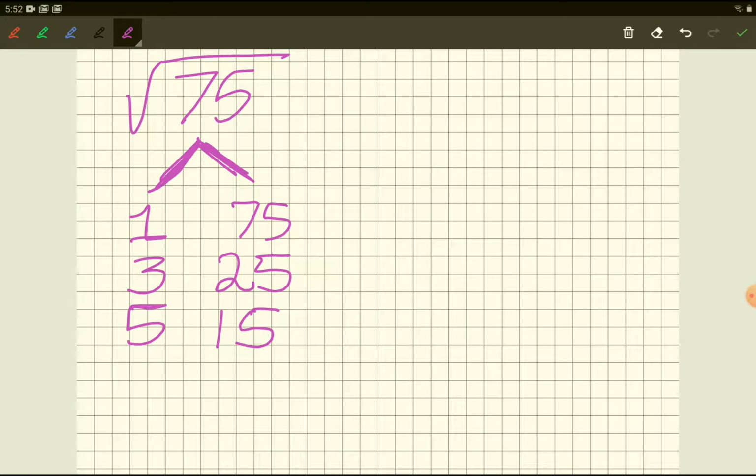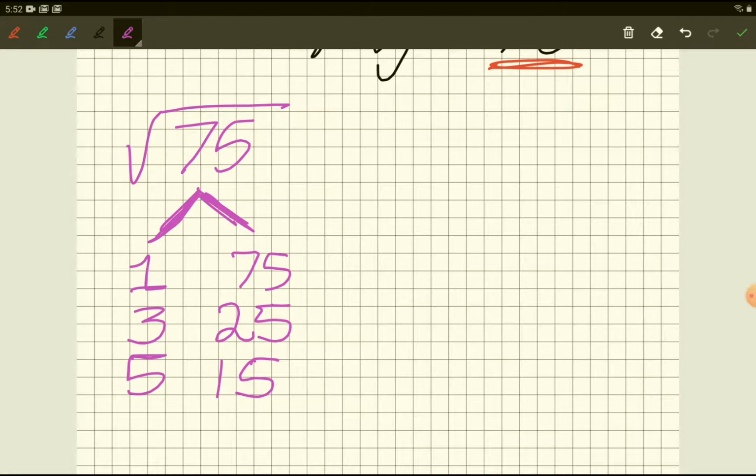No, it doesn't. Does 7 go into 75? No. Does 8? No. Does 9? No. Does 10? No. 11? No. 12, 13, 14, 15. And we're back to 15. So once your numbers start repeating, that's how you know you're done with a tree. And we'll do more trees.